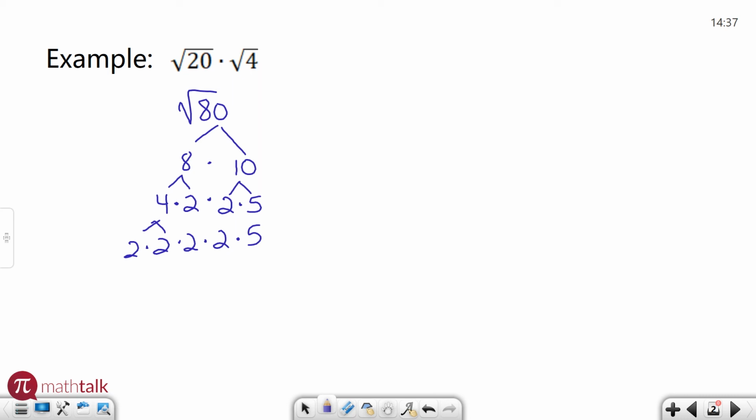So now once I have all my simplified numbers, I want to find pairs of numbers and take one number from each pair. So I have a pair of 2's here, another pair of 2's, and then a plain old 5 that I can just leave alone. I take one number from each pair and put it on the outside of my square root.